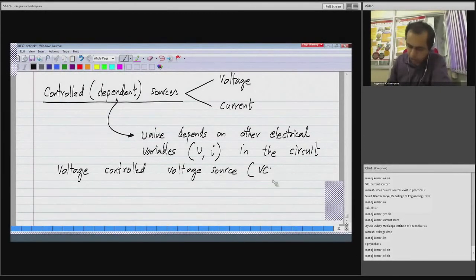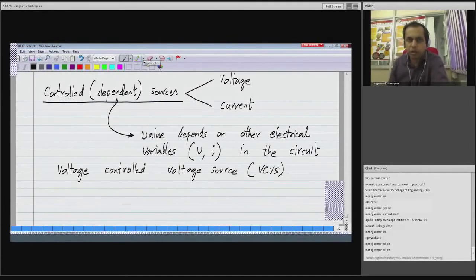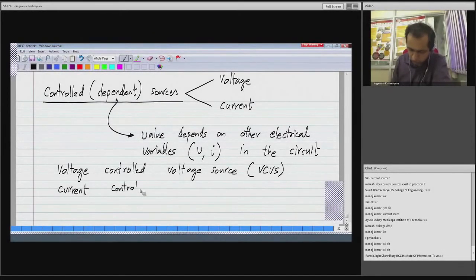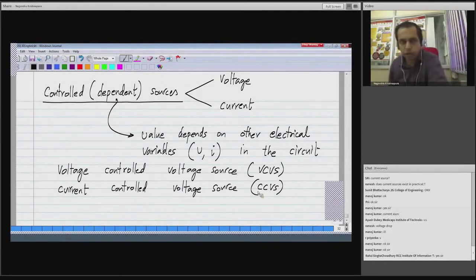We have a voltage controlled voltage source, which means that its voltage is dependent on some other branch voltage in the circuit, and we have a current controlled voltage source, CCVS, which means that the voltage source value depends on some branch current.